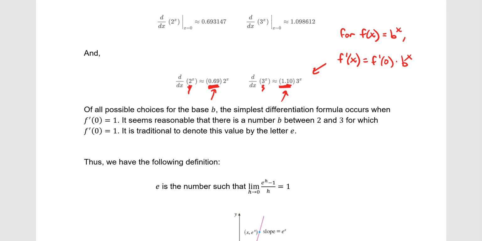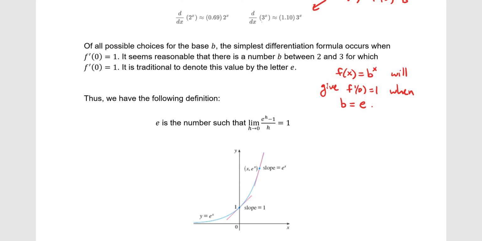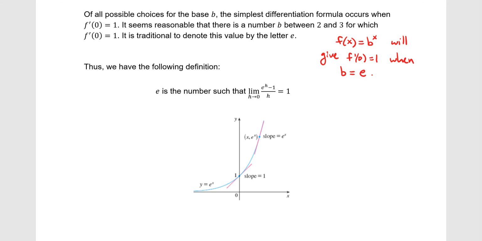That means f prime of 0 would equal 1 for some function b to the x, and this number is the number e. I just put it here, a little shorter and easier to understand: f of x equals b to the x will give you f prime of 0 equals 1 when the base is the number e.